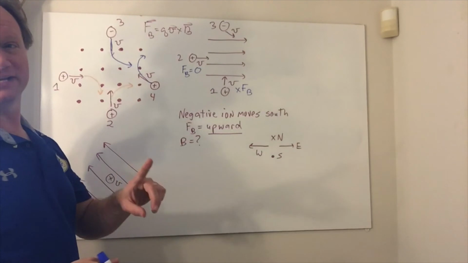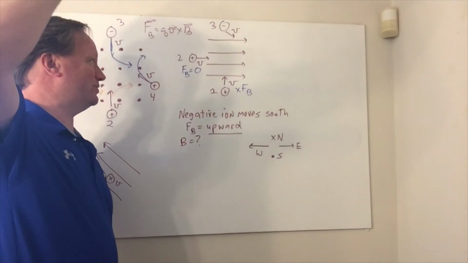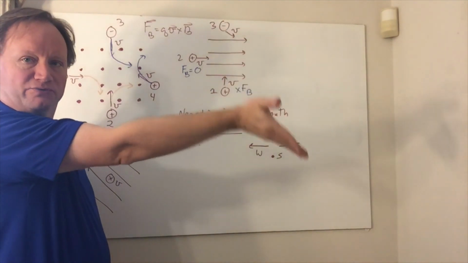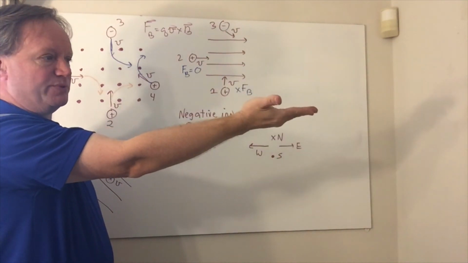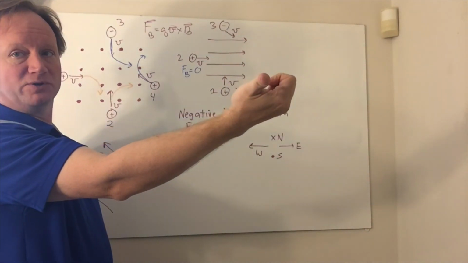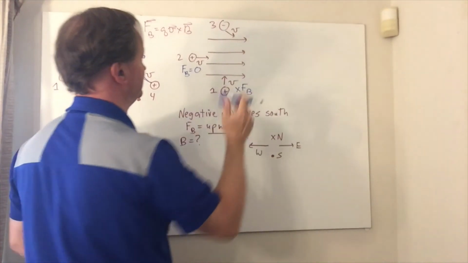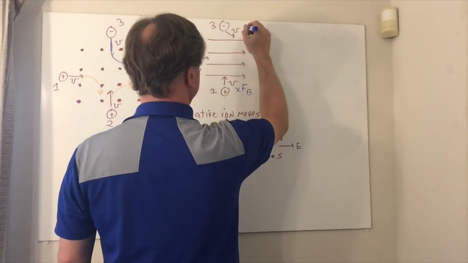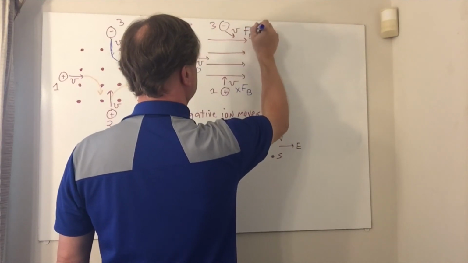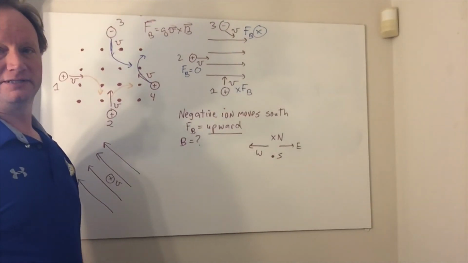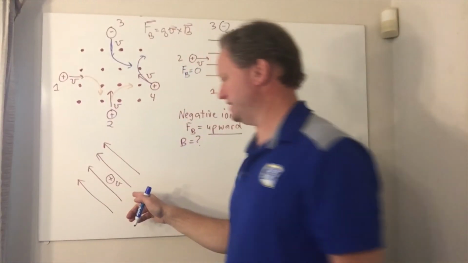Up here, negative particle. So we go V, I'm going to rotate this way, so I can go V wrapped into B. My thumb is pointed outward for a positive, so it'll go into the screen for a negative, and this one will experience a force into the board. Okay, coming down here.